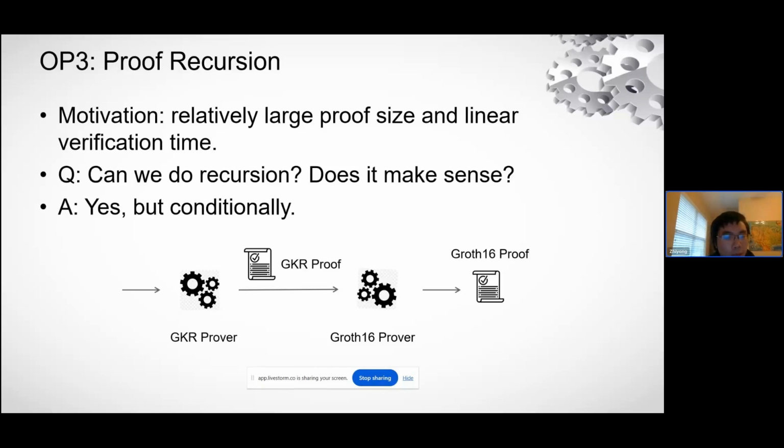If we have a Groth16 prover, it would produce a constant size proof and constant time verification. Can we simply use the Groth16 prover to verify the GKR proof and produce a much shorter proof? That way we can enjoy the good things from both sides, with linear proving time, constant proof size and constant verification time. Well, the answer is yes, but conditionally.